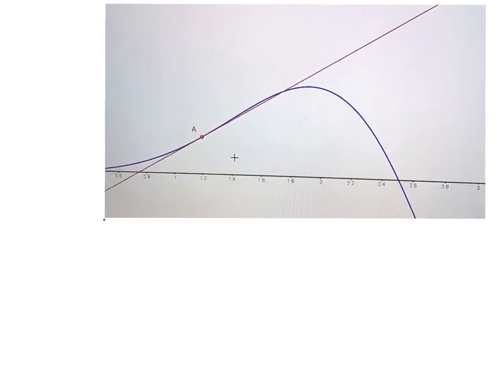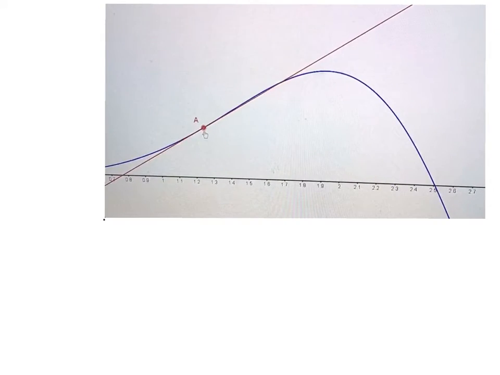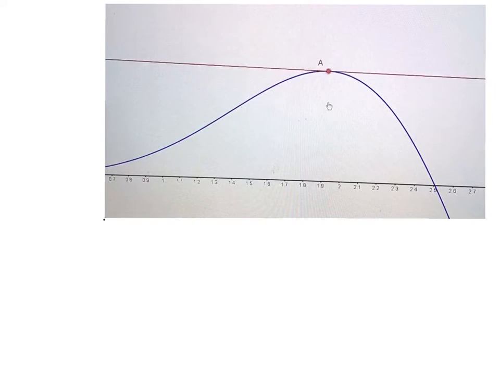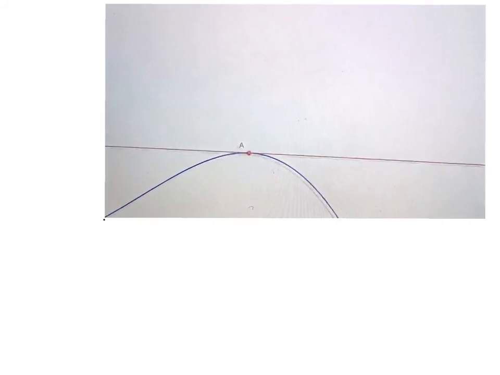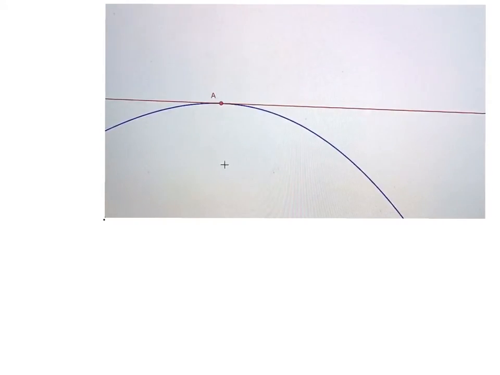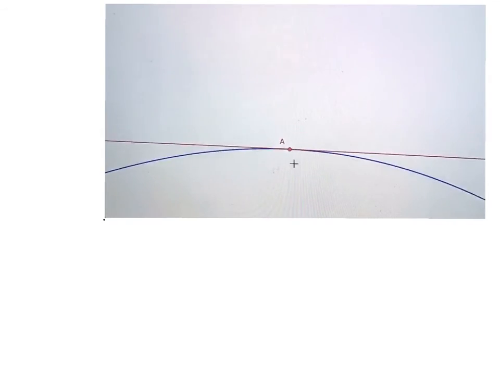Now we are zooming in at that point, and we can see that around point A, for points close to A, the two graphs are almost the same. Now let's continue. That's a point close to the maximum. Again, when we zoom in, we can see that the two graphs are very close.